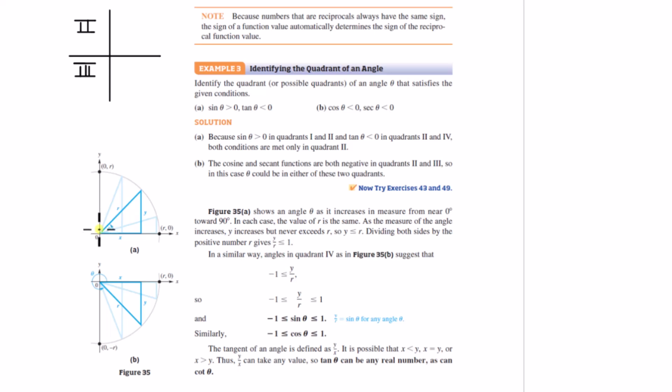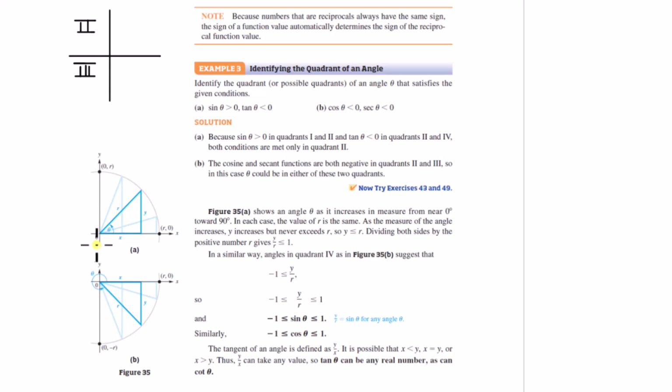For a right triangle, the hypotenuse will never be smaller than any of the legs, and this is a leg, right? So what you can see is that the sine and the cosine, because cosine is very similar, it's the ratio of the other leg and the hypotenuse. Cosine is the exact same pattern, except for the horizontal leg.